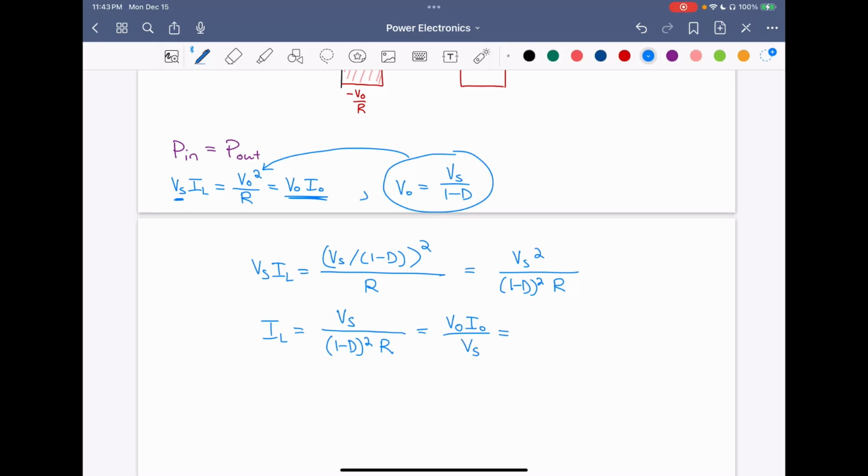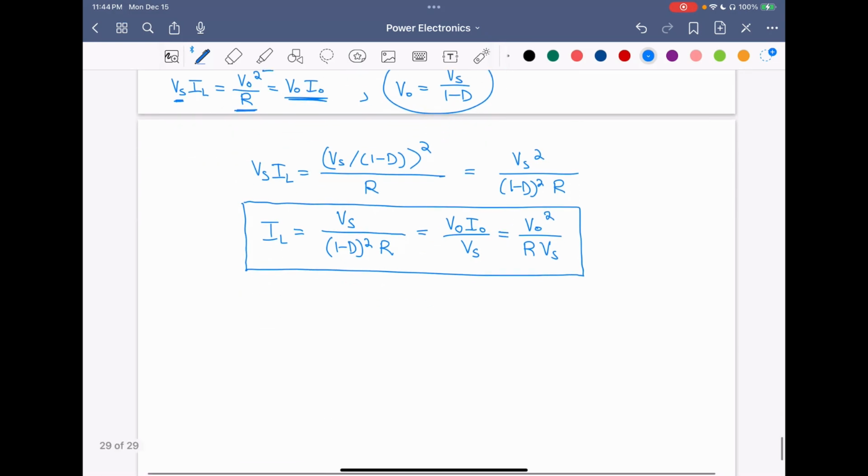And likewise, we have the output power as V naught squared over R as another expression for P out. So we can also express the same thing as V naught squared over R times Vs. So these are three equivalent ways to express the average DC inductor current.